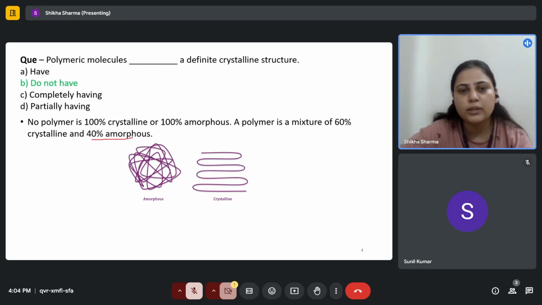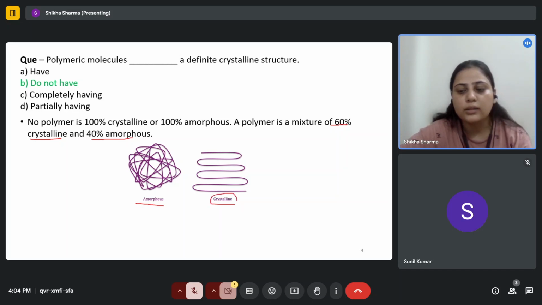So it is the combination of both of these, not completely crystalline. Some of the region will be crystalline and some will be the amorphous region. So this is how the amorphous looks like, and this is how the crystalline looks like.